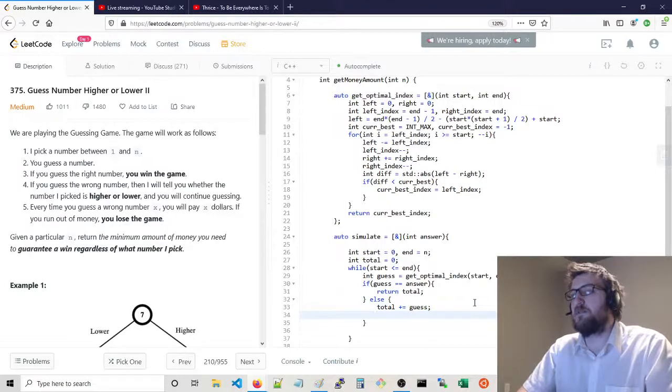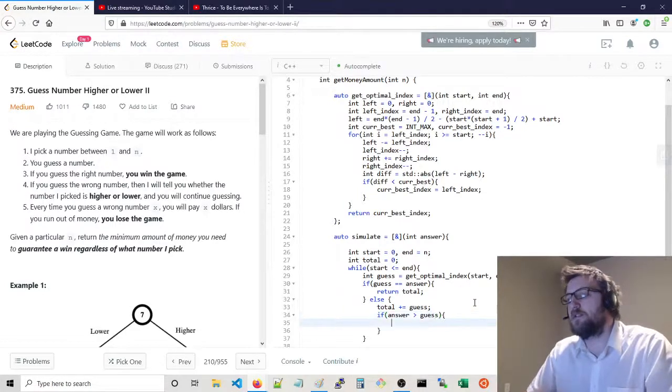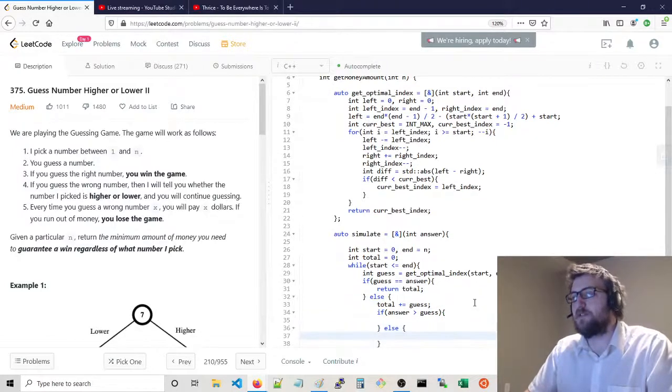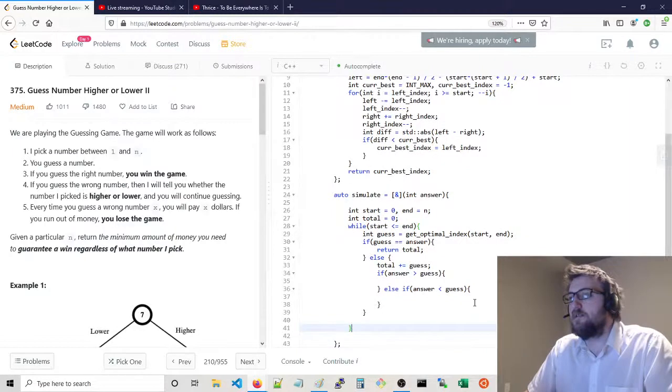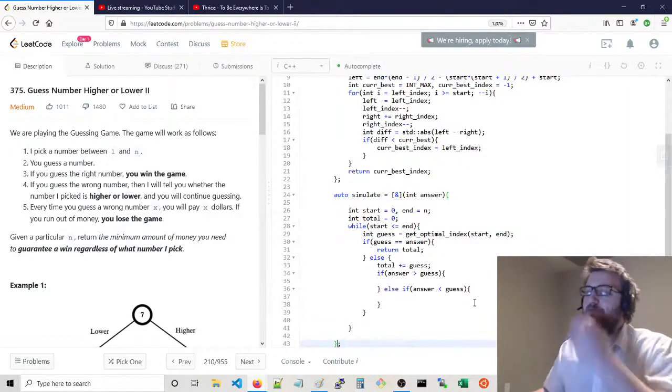And then we would say if the answer is higher than the guess, otherwise lower than the guess. So depending on where the guess is, or where the answer is.